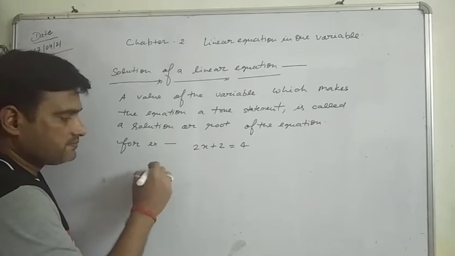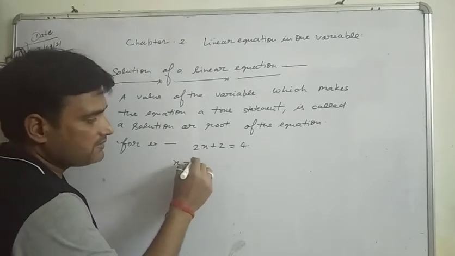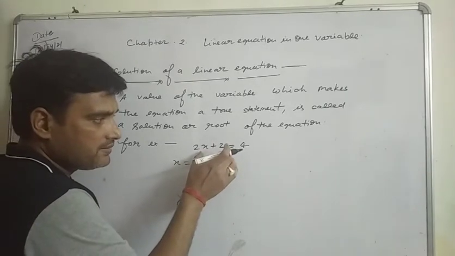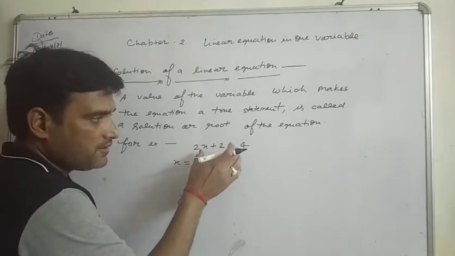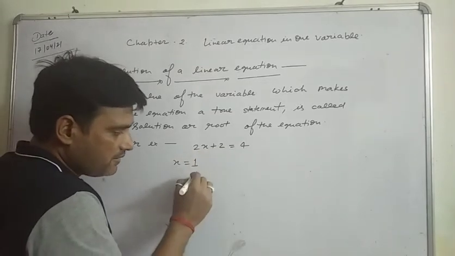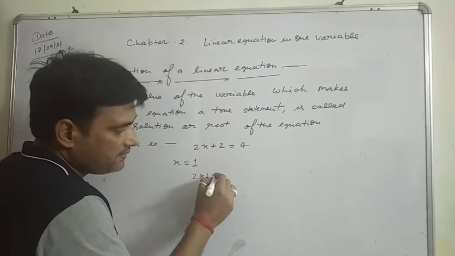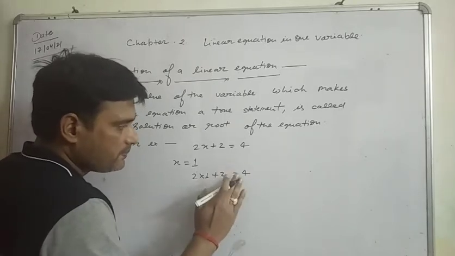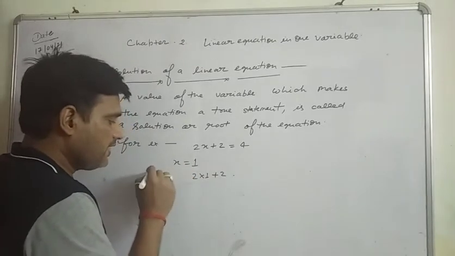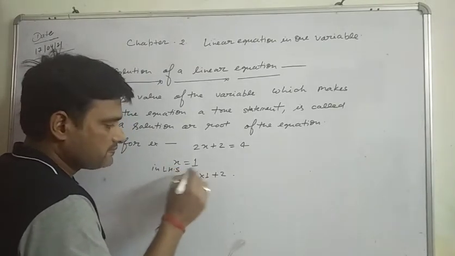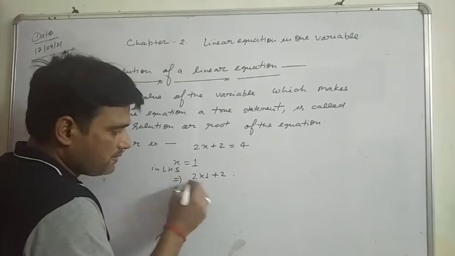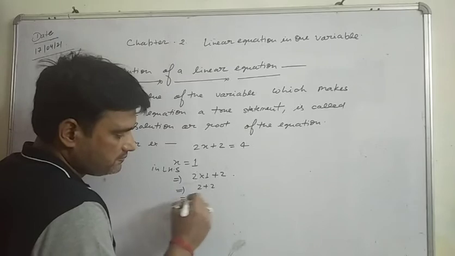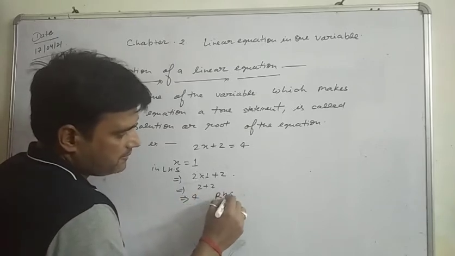If we put x = 1 in this equation, we see that 2 times 1 is 2 in the LHS part, 2 + 2 = 4, equal to RHS.